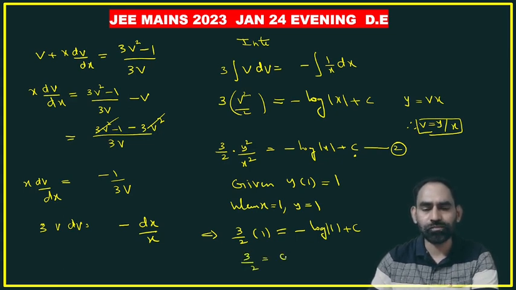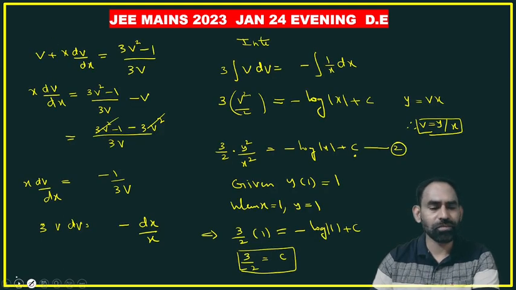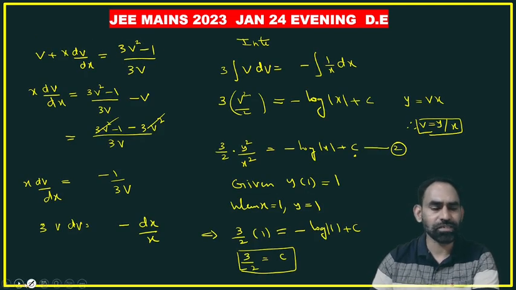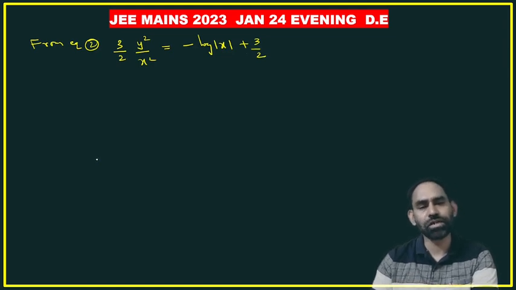Substituting c in equation number 2, 3 by 2 y square by x square equals minus log x plus 3 by 2. This is the equation of the curve.